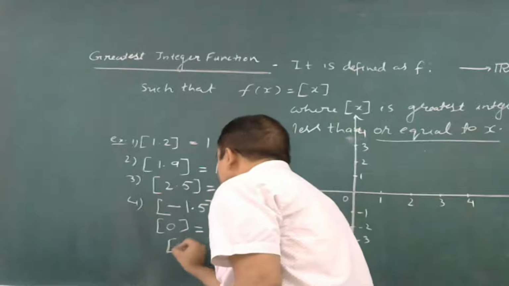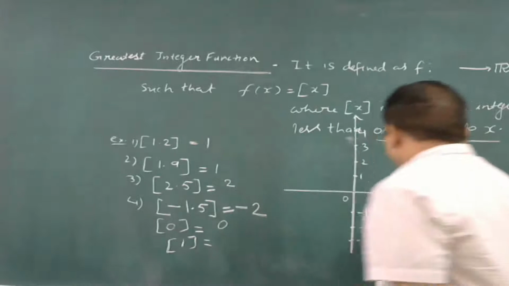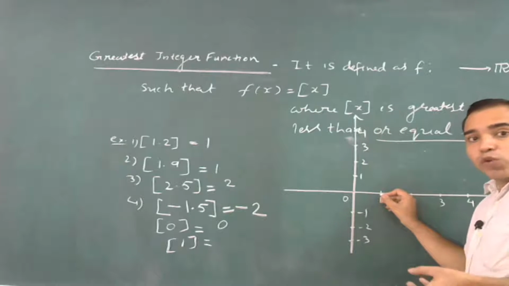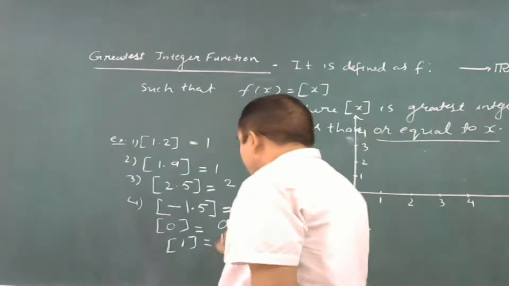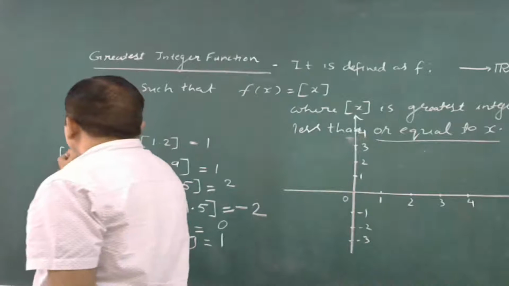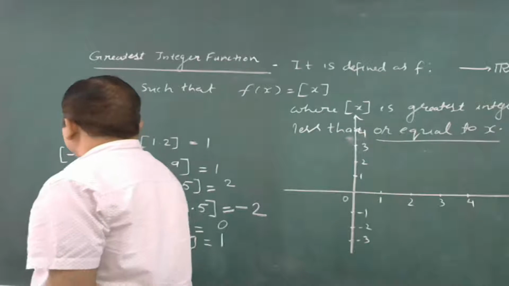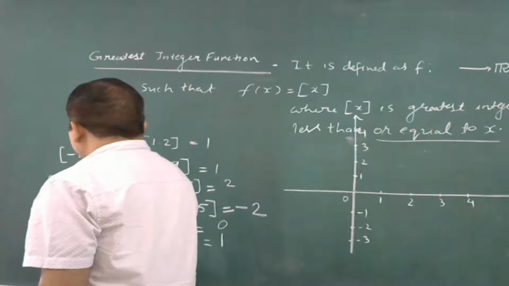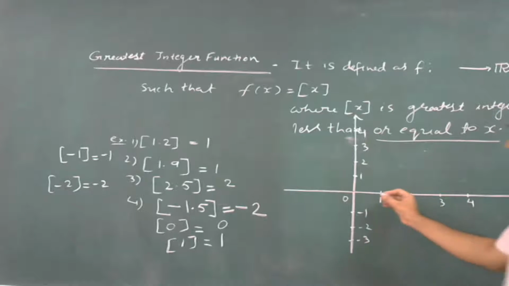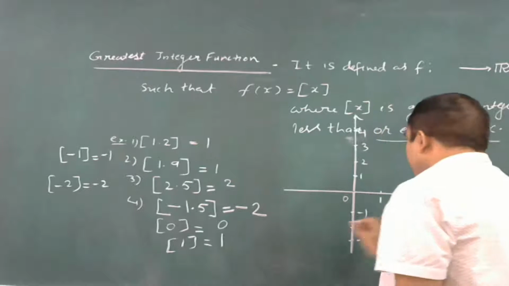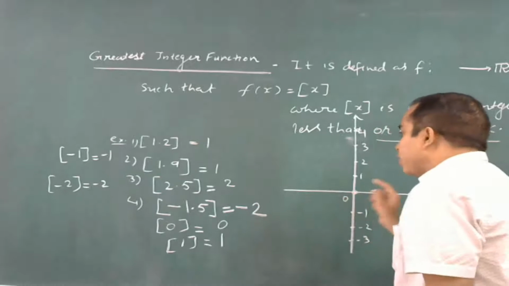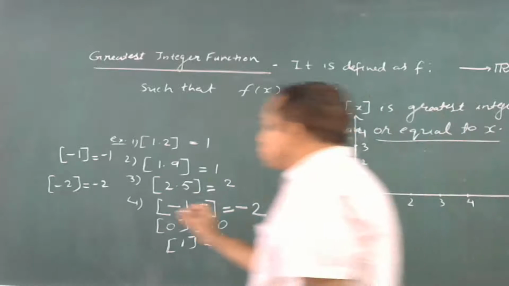For example, the greatest integer value of 1 is the biggest integer which is less than or equal to 1, so 1 itself. Like this, if the number is an integer, the greatest integer of minus 1 will be minus 1, and of minus 2 it will be minus 2. Okay, so if I want to draw the graph, (0, 0) will be one solution. So 0, 0, let me darken. Now 0.1, what should be the greatest integer value of 0.1?